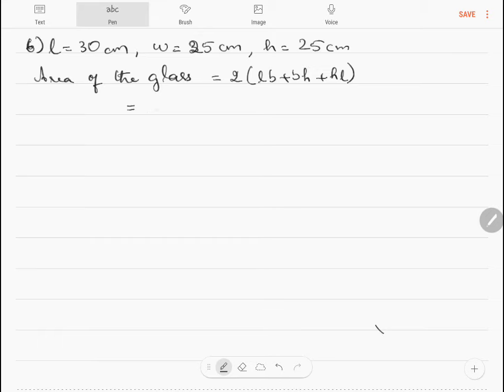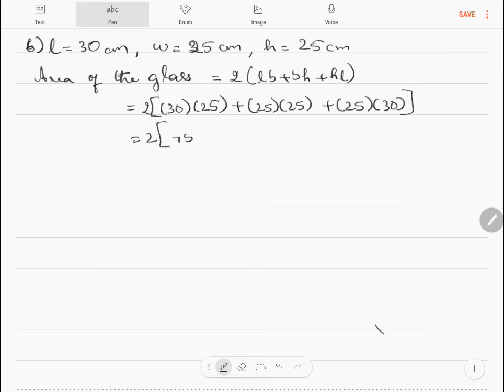So the area of the glass will be 2 into, substituting the given values, 30 into 25 plus 25 into 25 plus 25 into 30, 2 into 750 plus 625 plus 750, which is 4250 centimeter square. This is subdivision 1. Subdivision 2.